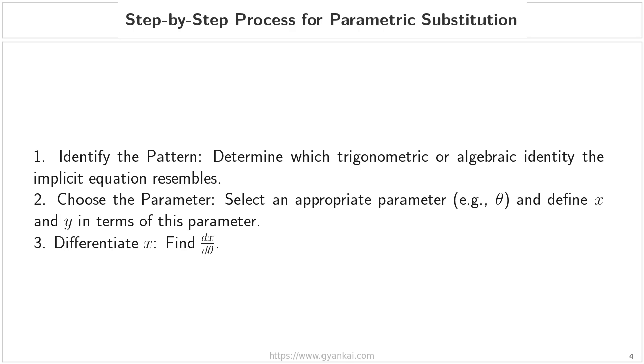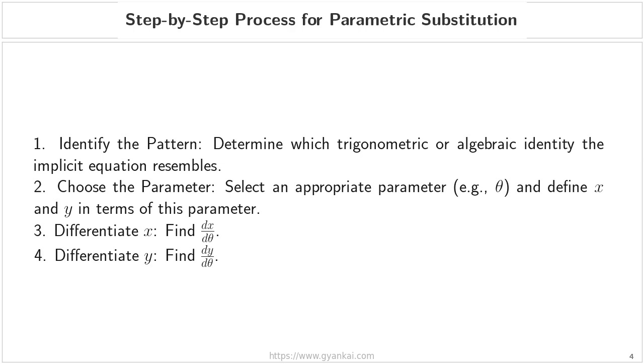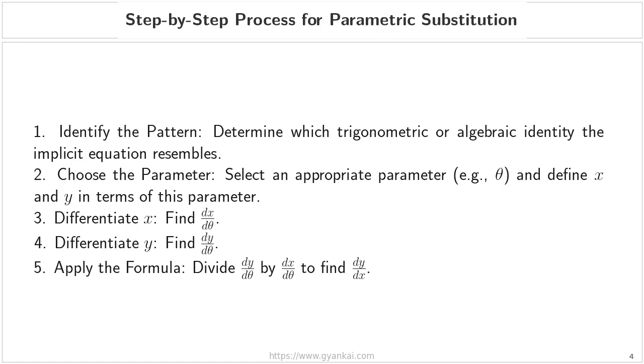Third, differentiate x. You will need to find the derivative of x with respect to theta. Fourth, differentiate y similarly. Find the derivative of y with respect to theta. Fifth, apply the formula. To find the final derivative of y with respect to x, simply divide the derivative of y with respect to theta by the derivative of x with respect to theta.